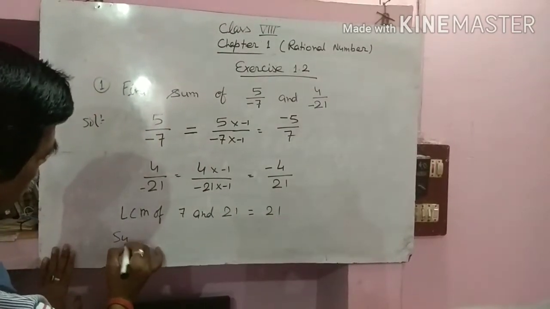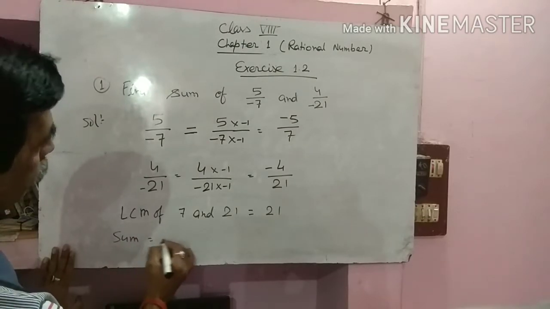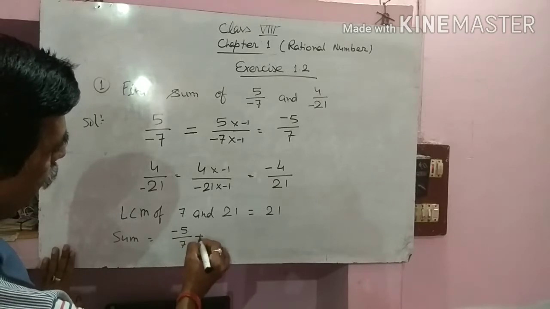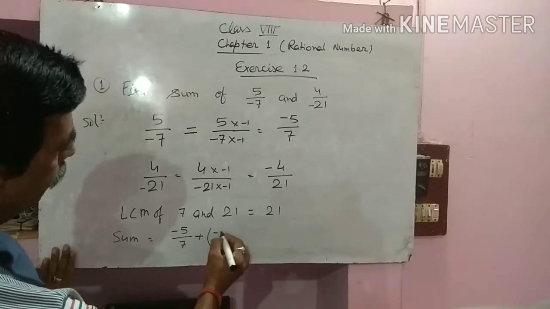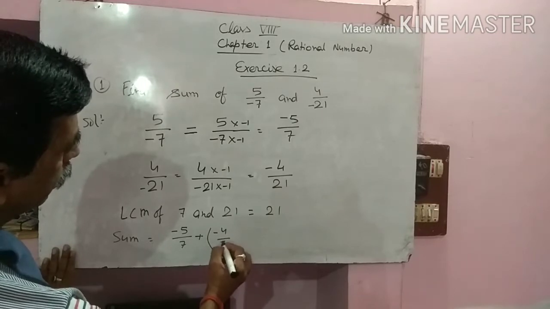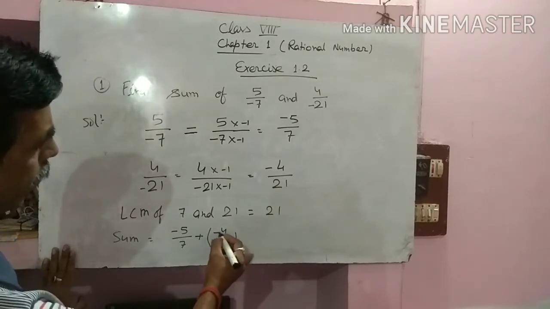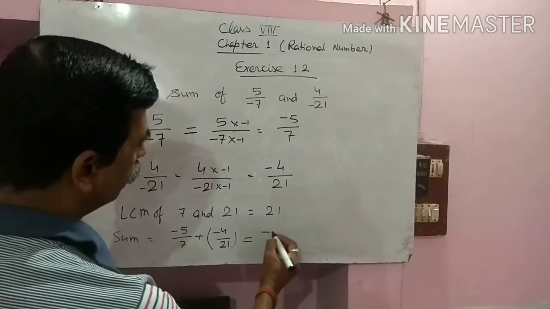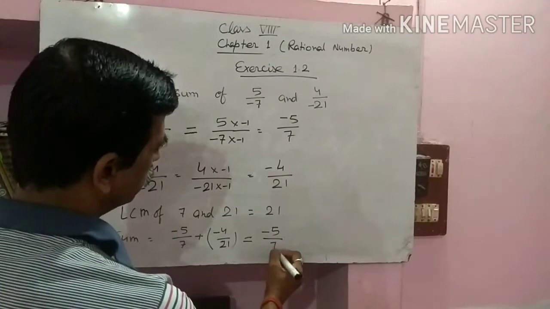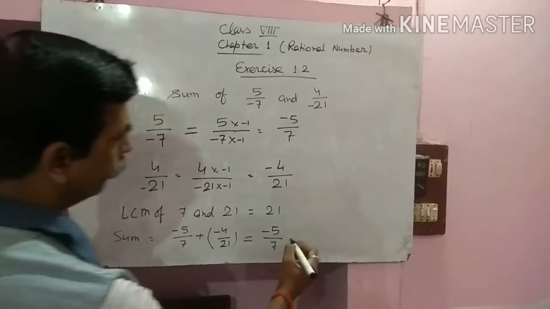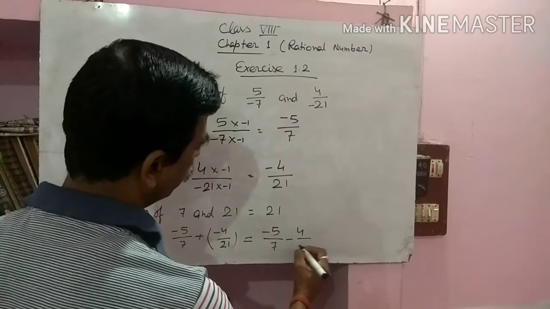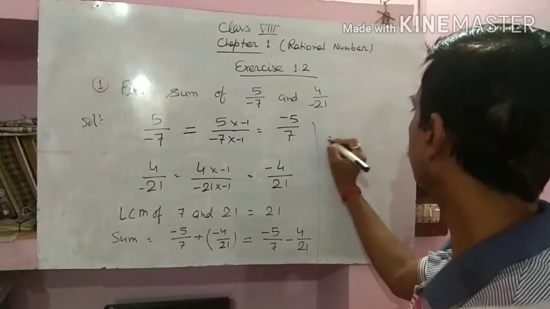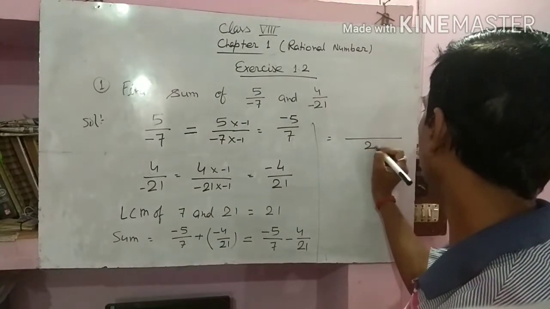So now the sum is equal to minus 5 by 7 plus, in brackets, minus 4 by 21. The sign is different, that's why I have written it inside the bracket. After opening the bracket it becomes minus 5 by 7 minus 4 by 21. The LCM is 21.